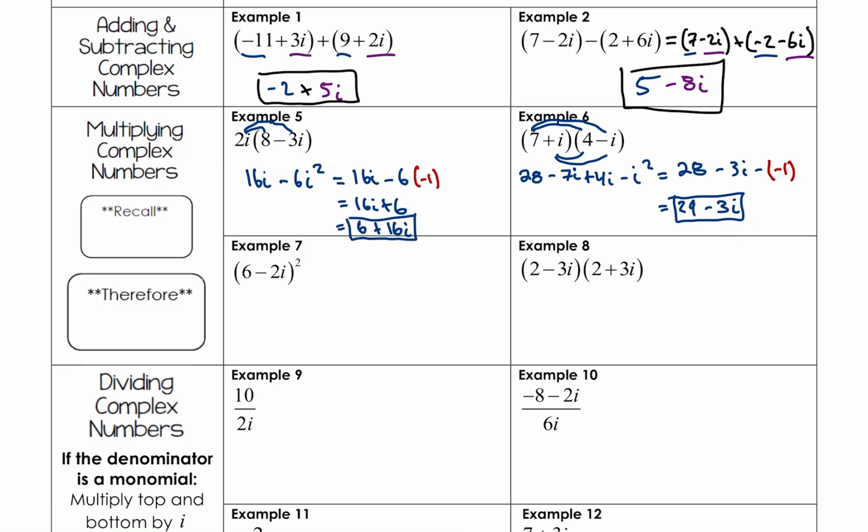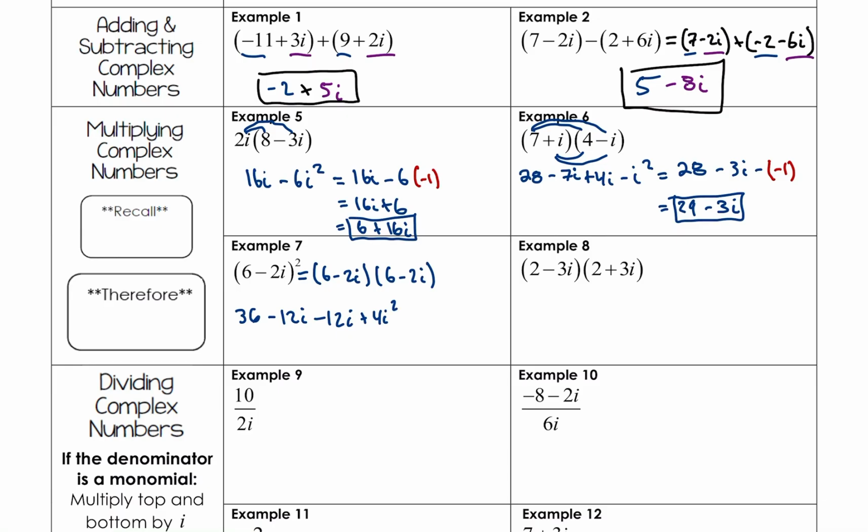Now in example 7, we again have to FOIL here because we've got an operation in the middle of this, so you can't just distribute that 2 to each, you have to FOIL. So I've got 6 times 6, which is 36, 6 times negative 2i, which is negative 12i, negative 2i times 6, which again is negative 12i, and then negative 2i times negative 2i is positive 4i squared.